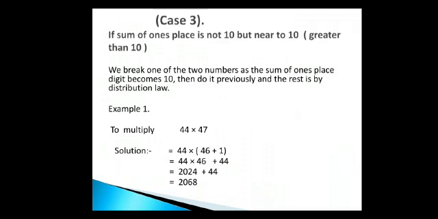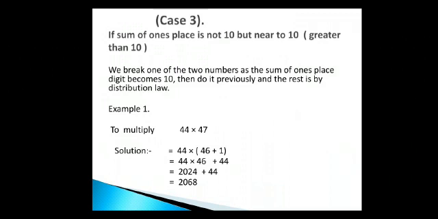So we break 47 as 46 plus 1, and by distribution law 44 into 46 plus 44 into 1, that is 44 into 46 plus 44. 44 into 46 is multiplied by the previous law.